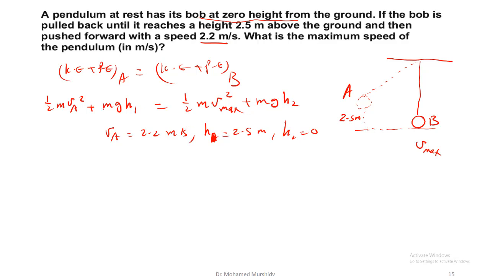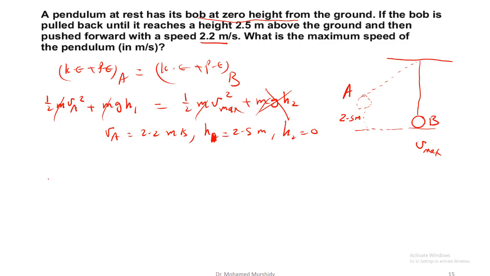So this equation, guys, will be a little bit changed when we substitute with the values. Of course, we can also cancel out the mass from all the terms. And this value from the beginning is 0 because H2 is 0.